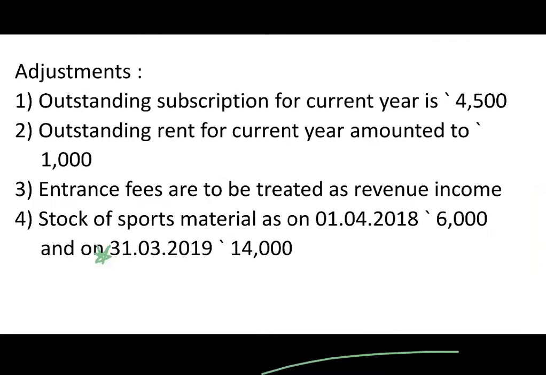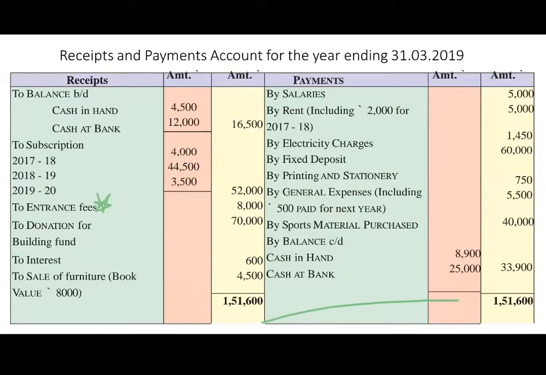The adjustment is given on sports material, so you will star mark the sports material on the payment side. If you see over here, sports material purchased is there, so you will star mark this. There are only 4 adjustments. The first is related to subscription, the second to rent, the third to entrance fee, and the fourth to sports material.